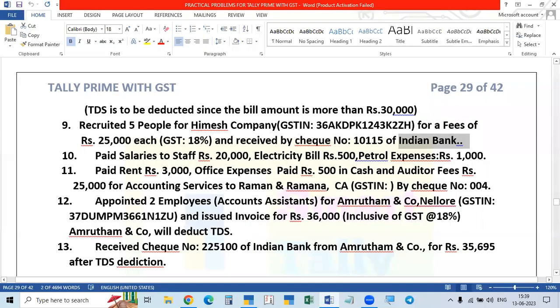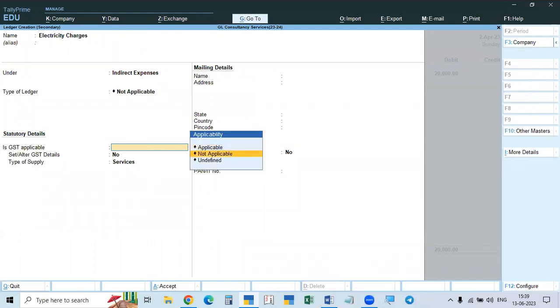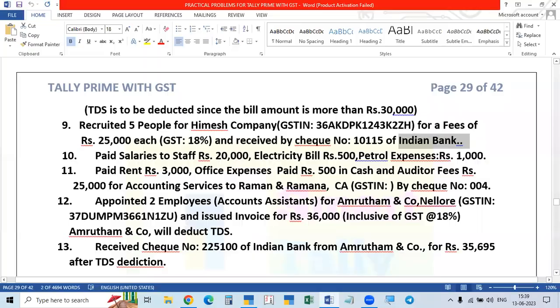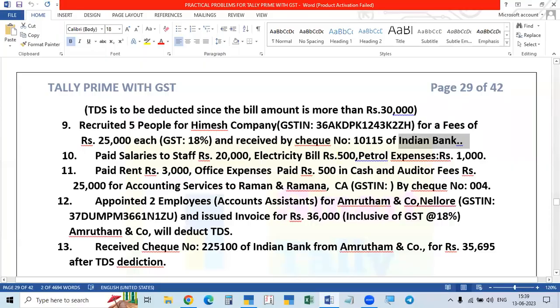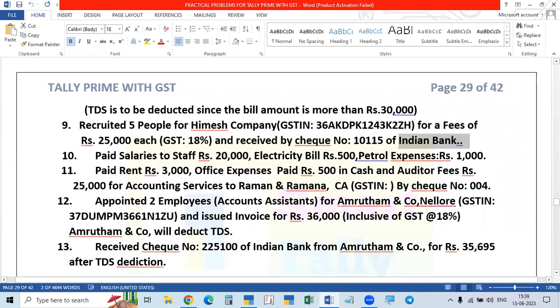Debit, then electricity charges. Electricity charges are also indirect expenses, and here also no GST is applicable. What is the amount? 500 rupees. Again, make debit because there is one more expense: petrol expenses.